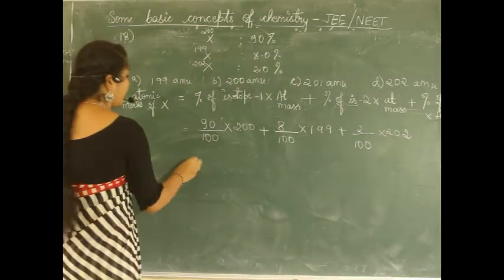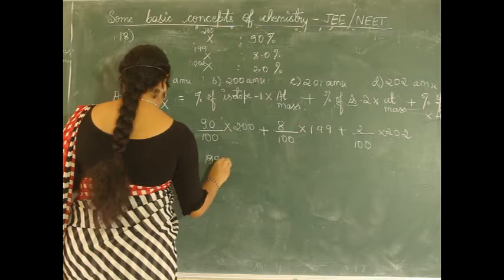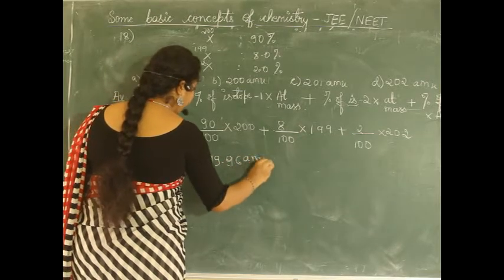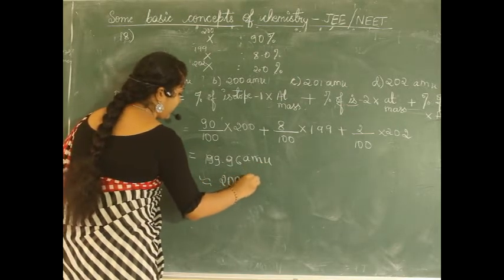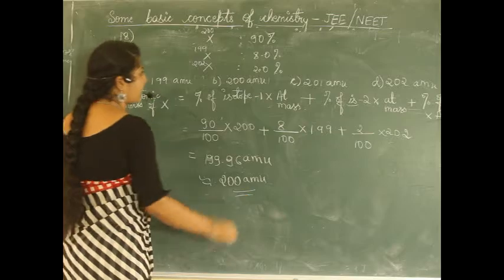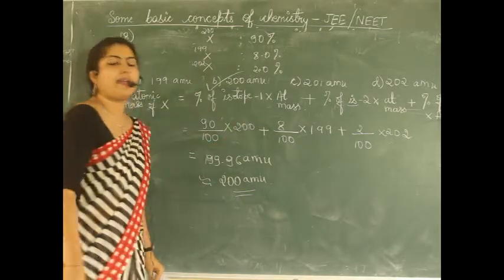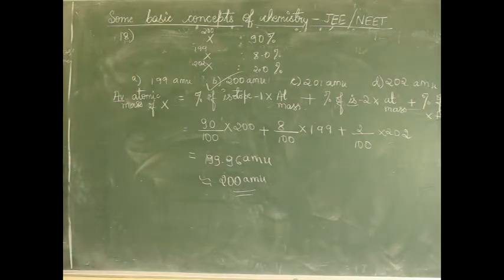Calculate this, and you get 199.96 AMU, which is approximately 200 AMU, atomic mass unit. So what is the average atomic mass of the given element? It is 200 AMU. Do note the formula, that's very important.